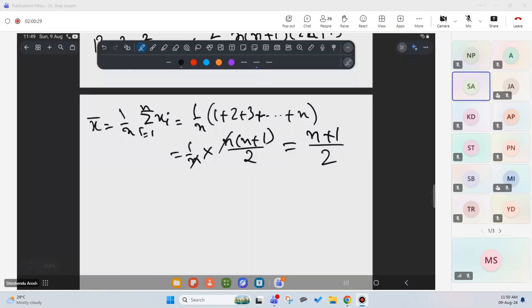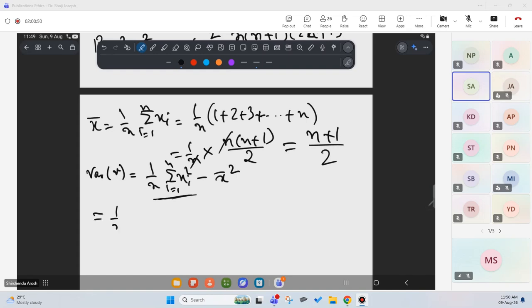Now, for the variance, again this is nothing but the application of the formula. In this case we are going to use the second equation. Though we are doing some algebra, the second formula is useful here because it is easy to find.